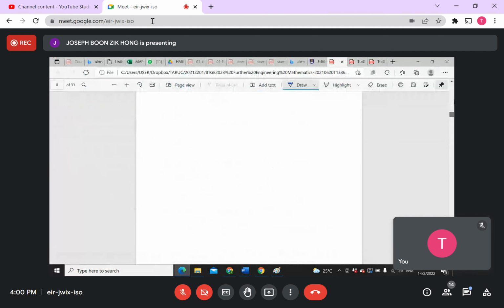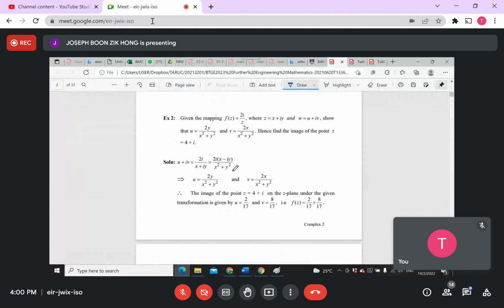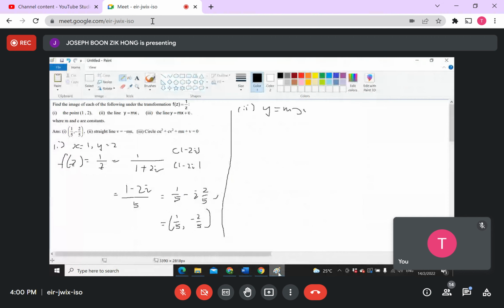One is direct substitution, the other is to compare. If you directly substitute, your z will be x plus imx. Sometimes one method only works for one question. We try to have a look.